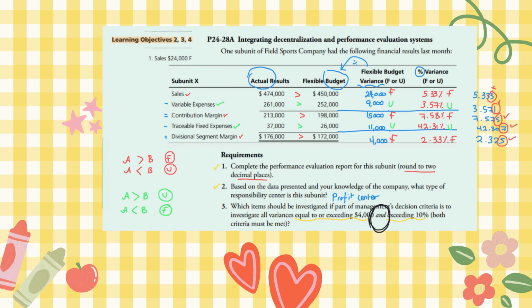Now if the variance should equal or exceed 4,000, if you look at the flexible budget variance column, all of these variances equal to or exceeding 4,000. But for the percent variance column, only fixed expenses item exceeds 10%. It's 42%. So the only item that meets this criteria is fixed expenses.